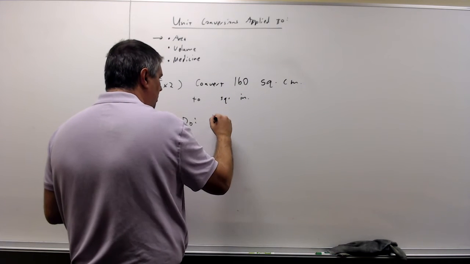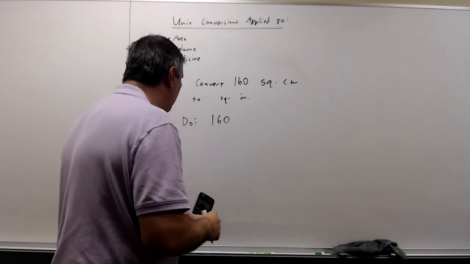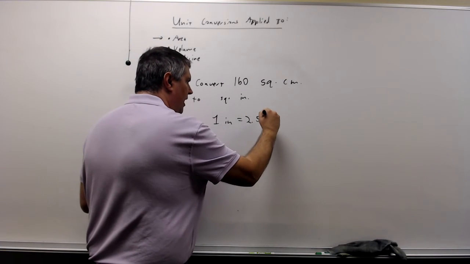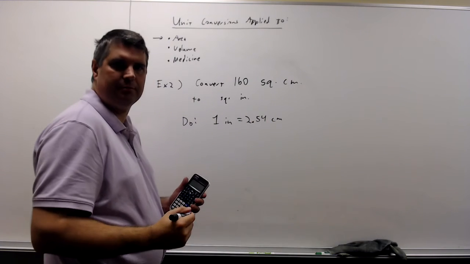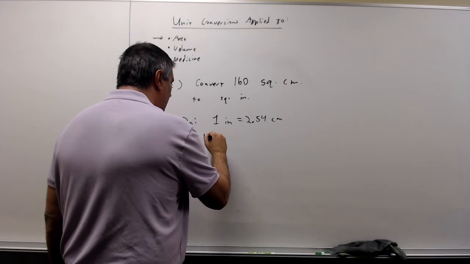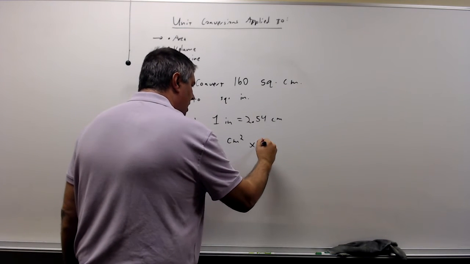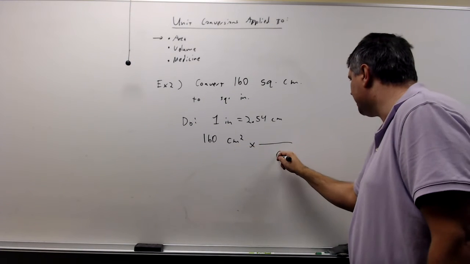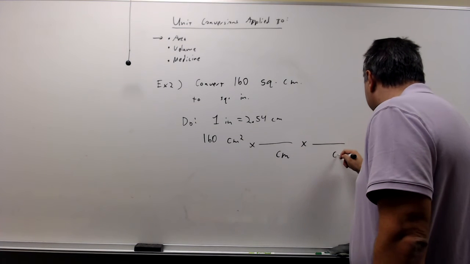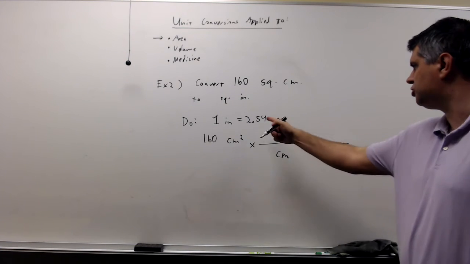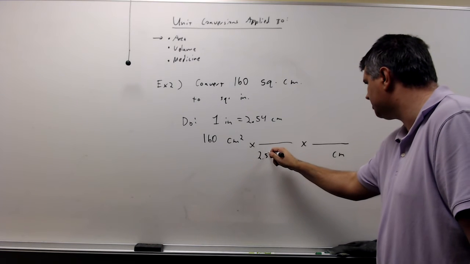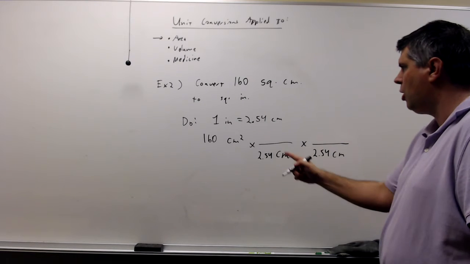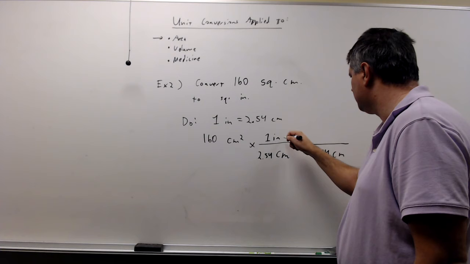Do. So here's what I do know. I know that 1 inch equals 2.54 centimeters. So that's going to be 160 centimeters squared times, and I'm going to have to cancel the 2 centimeters. So here's one, and here's another one. 2.54 will follow the centimeters. 1 inch, 1 inch.